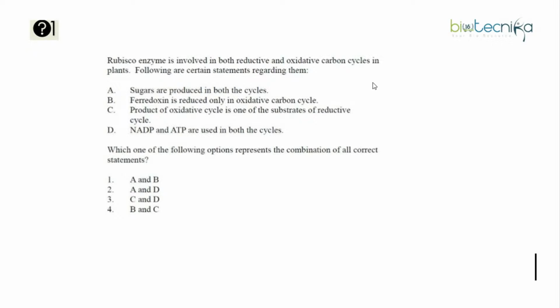Okay, wow. Satyam is very fast in answering this. Option 4 is the correct answer. What about others?